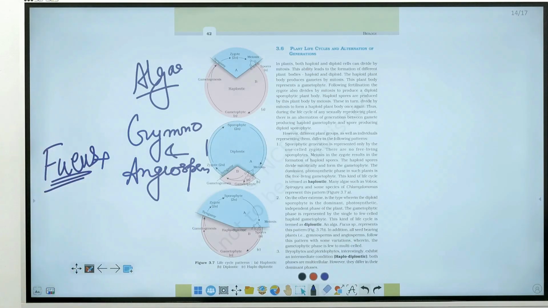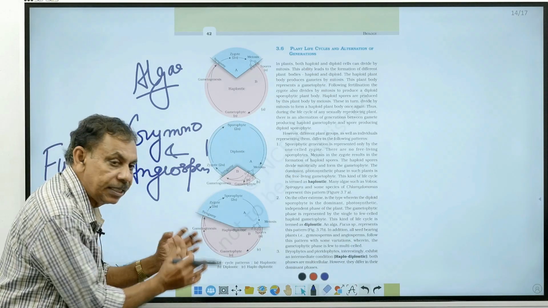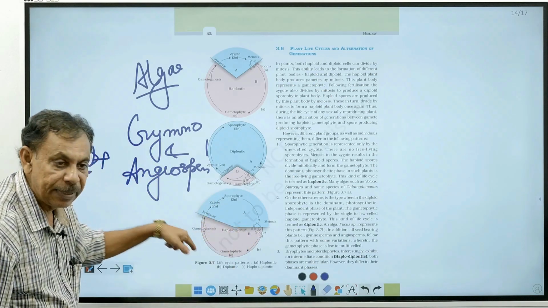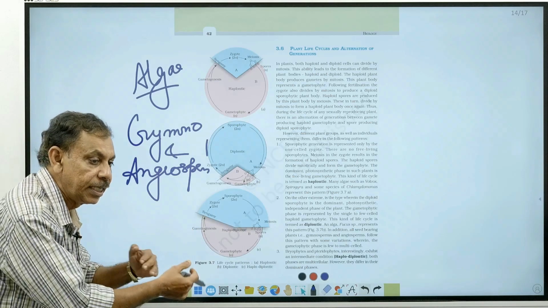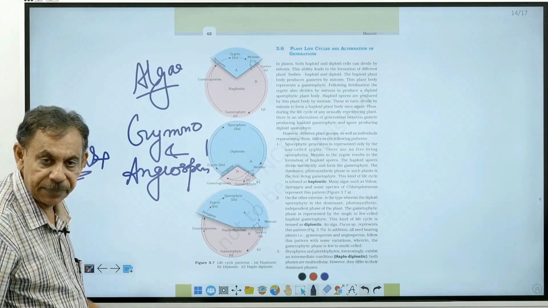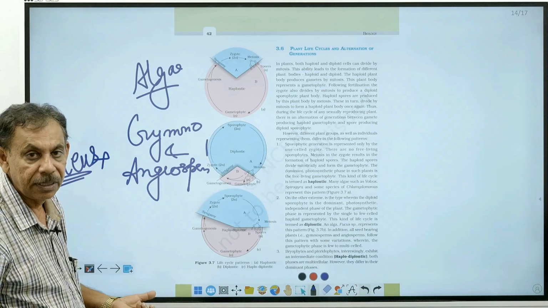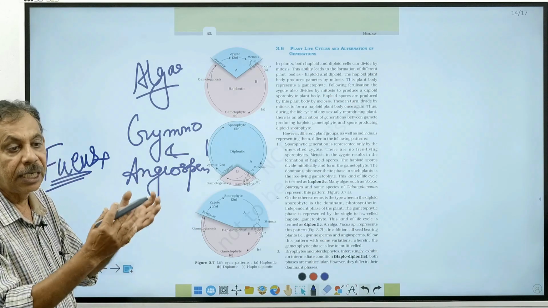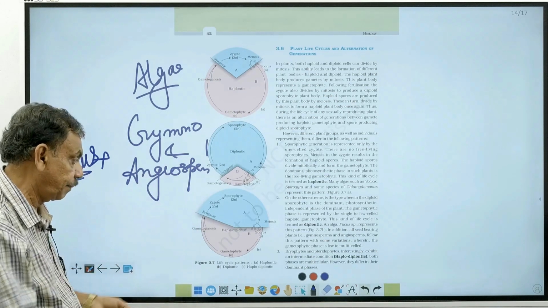Haplodiplontic is nothing but both generations are equally distributed. This is the sporophytic generation, this is the gametophytic generation, alternately coming. The sporophytic generation starts from the diploid zygote. The zygote develops into an embryo, and the embryo develops into a diploid sporophyte.